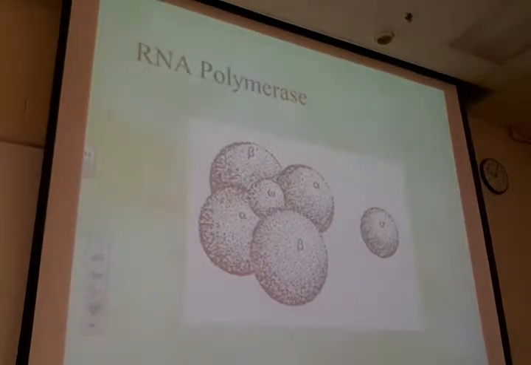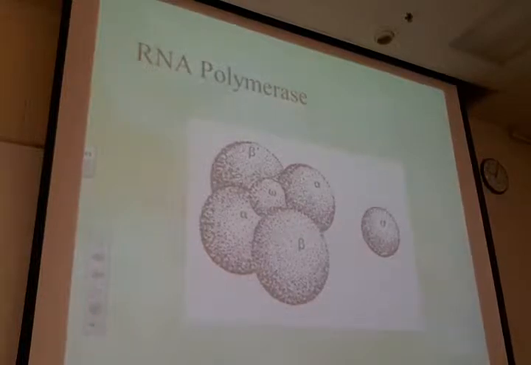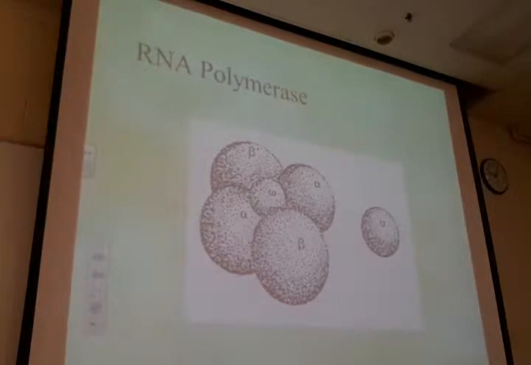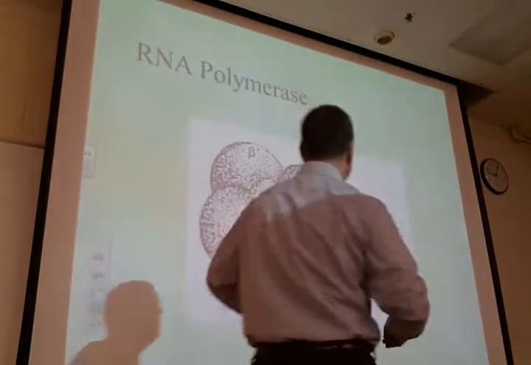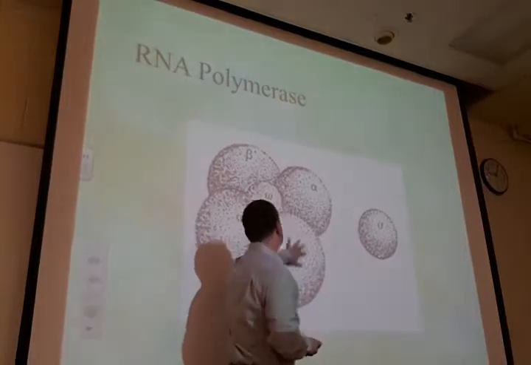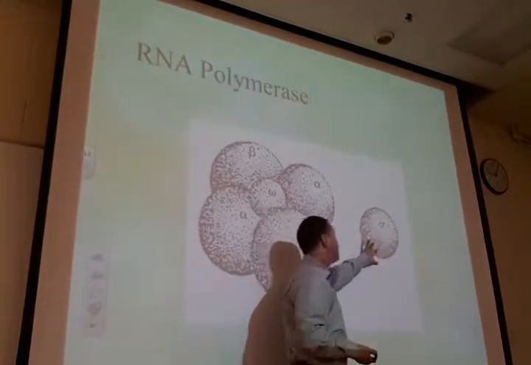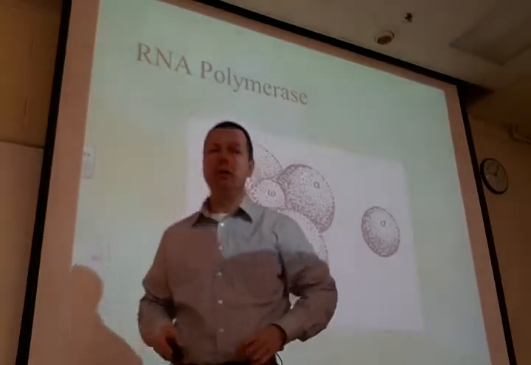So we saw RNA polymerase has several different subunits: two alphas, a beta, a beta prime, an omega, and a sigma. And as you can get the feel from this picture, the sigma can either be attached or detached from the rest. So this part over here on the left is referred to as the core enzyme. When sigma is attached, that was the holoenzyme.